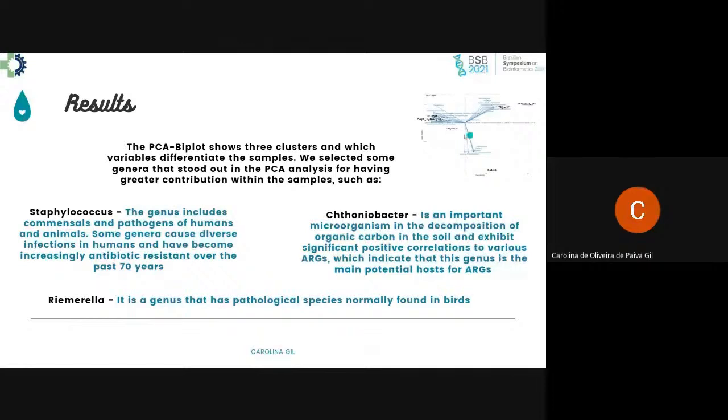We selected some genera that stood out in the PCA analysis for having greater contribution to the samples, such as Staphylococcus. The genus includes common commensals and pathogens of humans and animals.